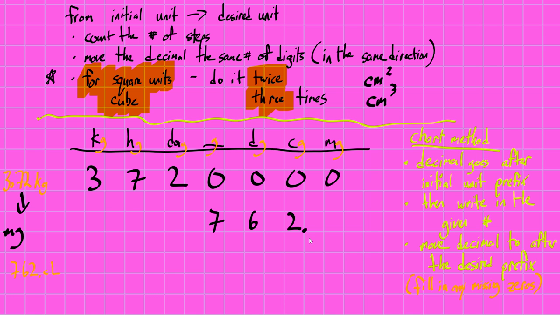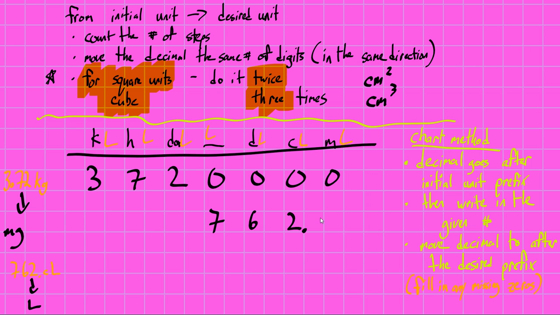If I wanted to change 762 centiliters into liters, well, my units aren't grams anymore. If I had it in liters, all of these are L's, then I would just need to find liter and put the decimal there.